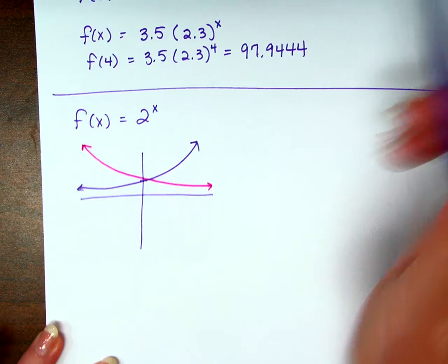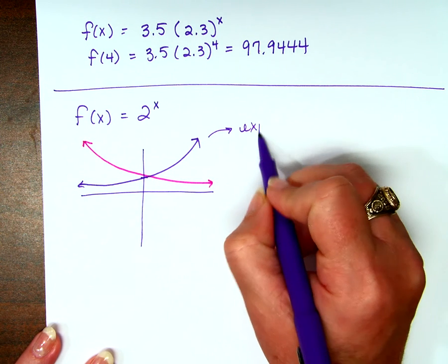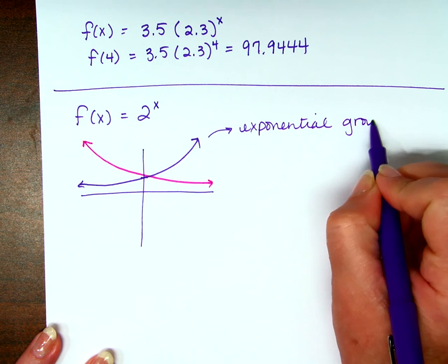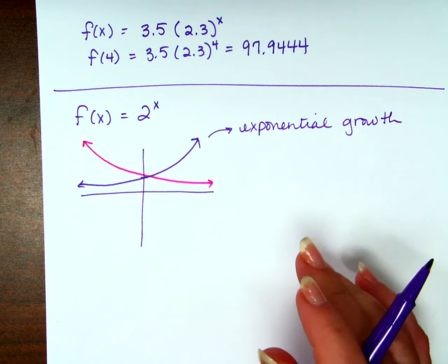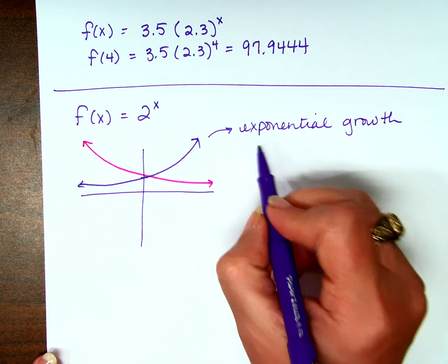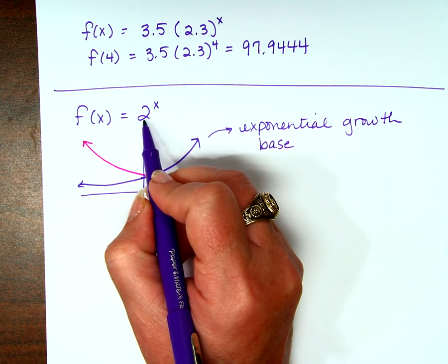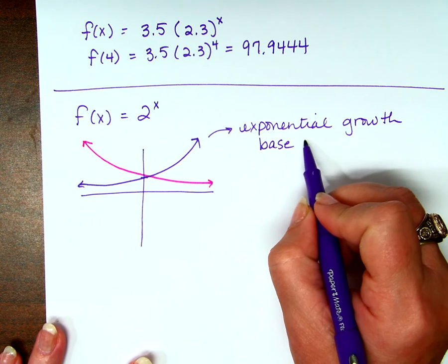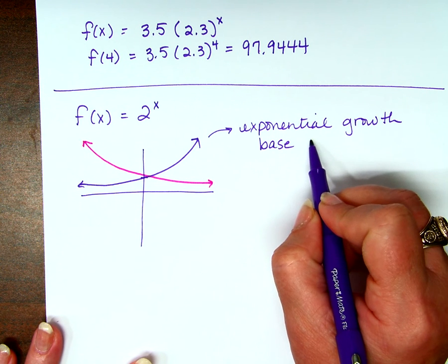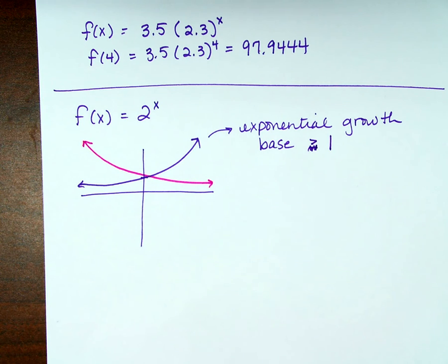The first one is called exponential growth, because it is increasing from left to right. Do you see that? Our base, whatever number this is, and in this case it happens to be 2, is greater than 1, not greater than or equal to, just greater than 1.